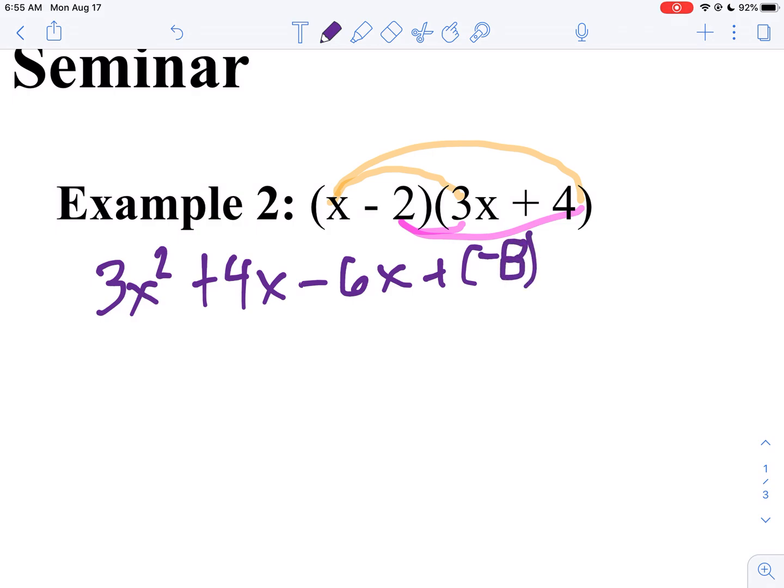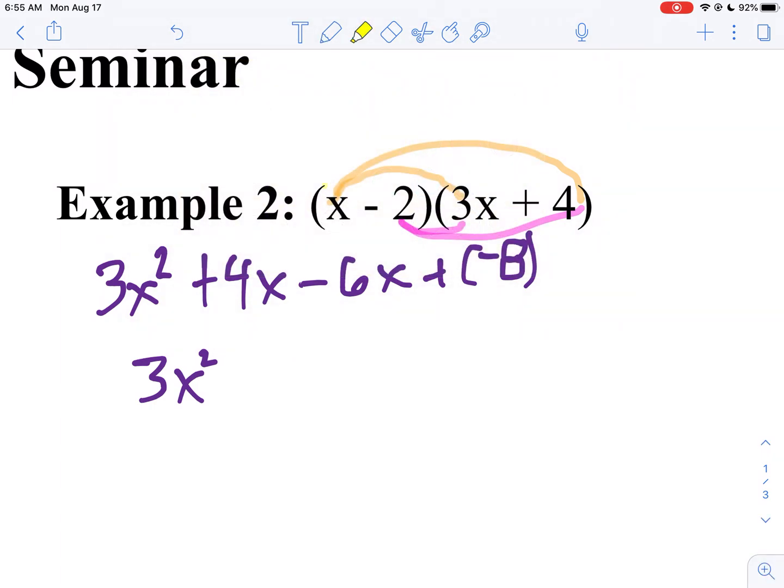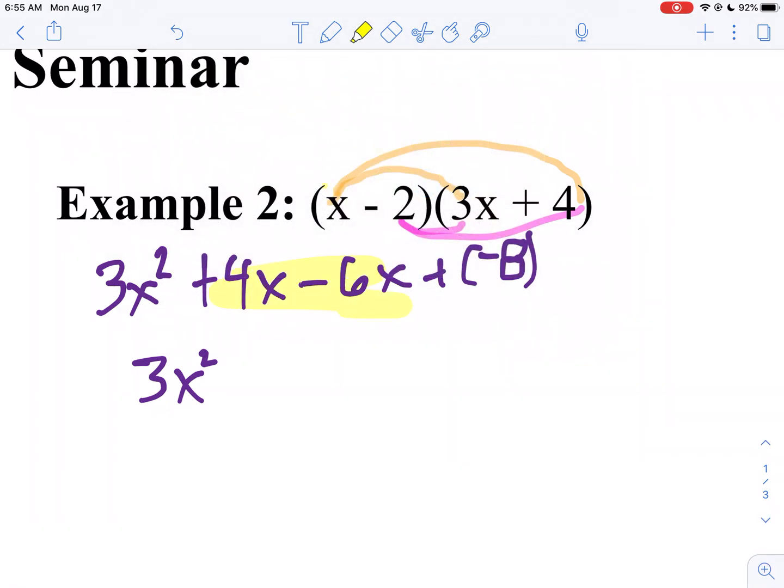So when we write this, 3x squared, notice once again, 4x minus 6x, they are like terms. So 4 minus 6 is negative 2, so we're going to say minus 2x, and minus 8. And there's your answer.